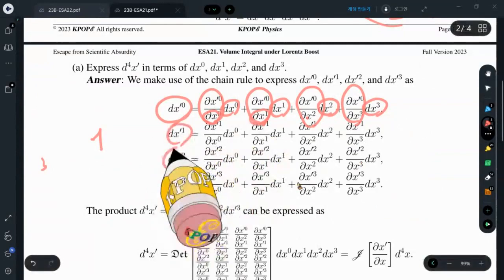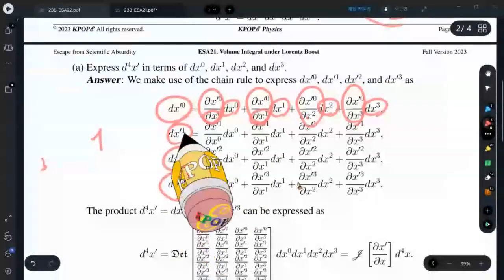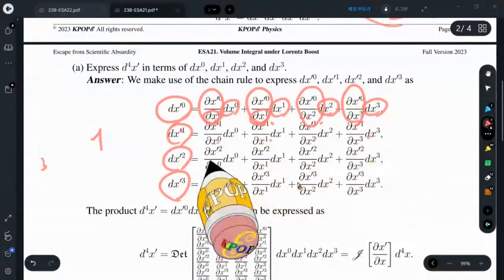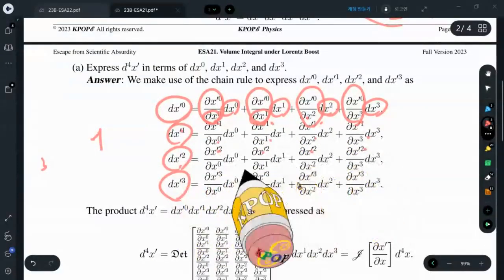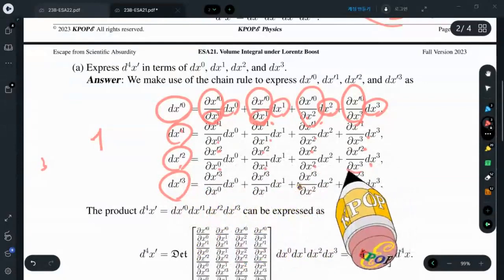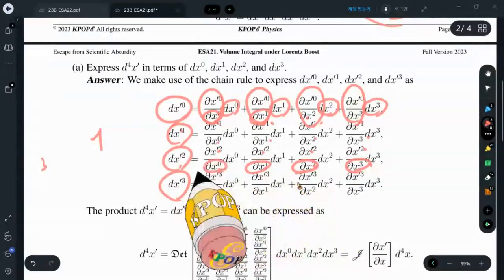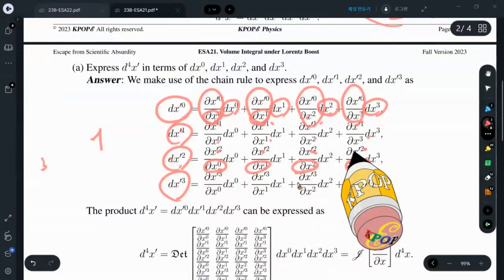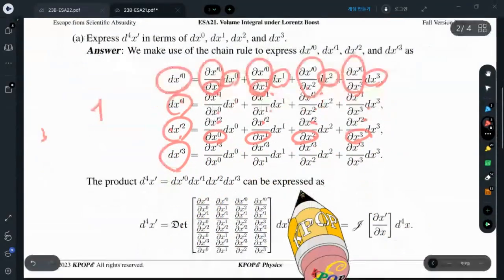The same is true for every coordinate, with unprimed and primed indices, in such a manner.